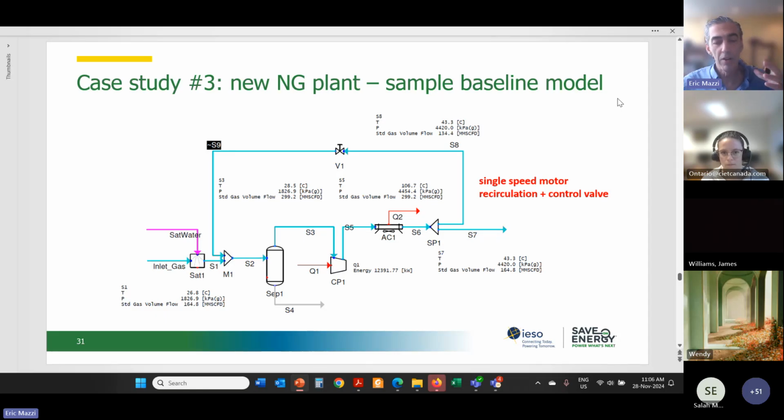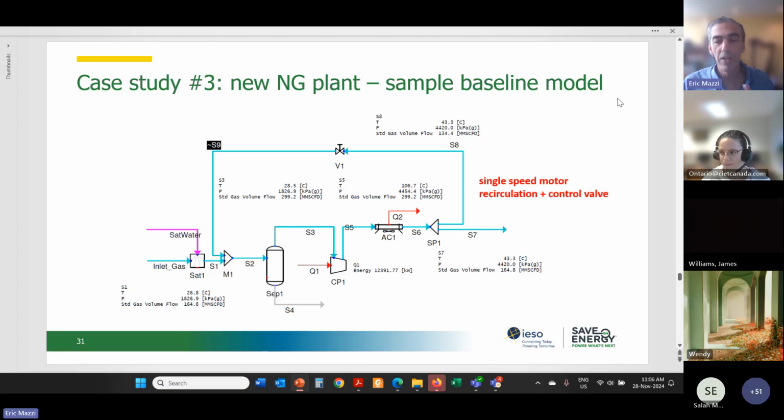So you build the model of the as-built, as-operating plant and calibrate it. Then the same model, which I'm showing you here, gets altered. Instead of VFD control, which was actually installed, you simulate recirculation and valve control. You change the motor efficiencies from 0.95 to 0.96, things like that. You eliminate the VFD losses, which do not exist in the baseline model.